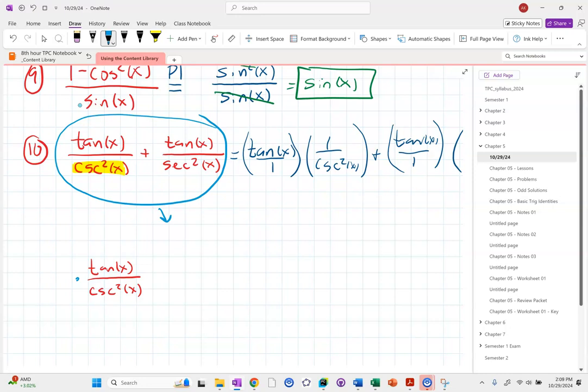What is 1 over cosecant, what is cosecant equal to? 1 over sine. So if I multiply the top and bottom of this by sine squared, what is sine squared times 1 over sine squared going to give me? Just 1, right?